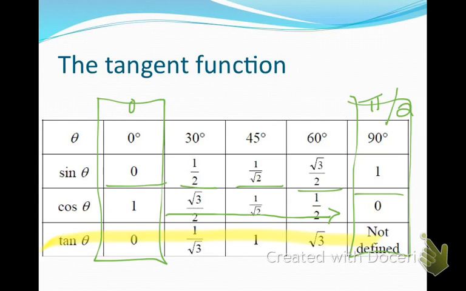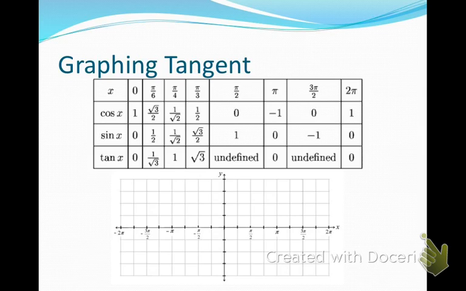So let's look at it a little bit more in depth by looking at the graph. So we're going to go through a whole cycle of 2 pi, which makes sense for sine and cosine, but it's going to be a little bit different for tangent. So let's just start here. At 0, we have 0. I'm going to spread myself out, make this 1 and this negative 1, okay?